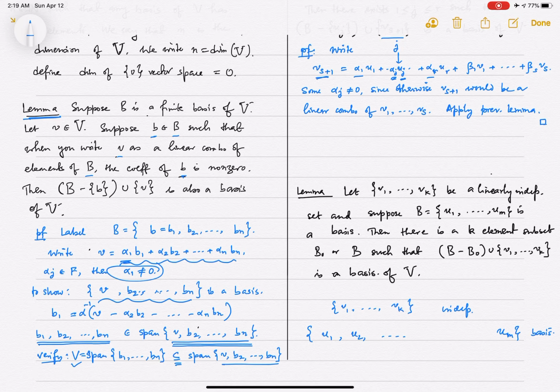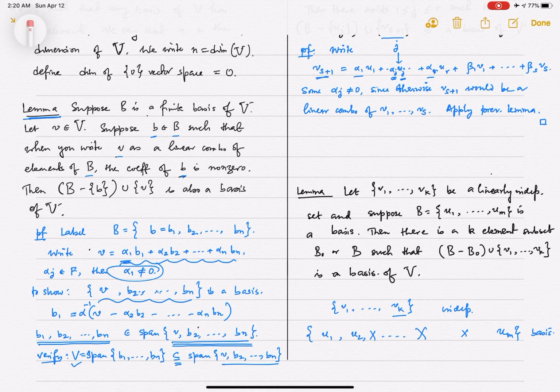Then you can remove k of these things and instead add in these guys, and then what you get would still be a basis. So there is a k element subset B naught of B, such that if you remove those but add the v's, it gives you still a basis.